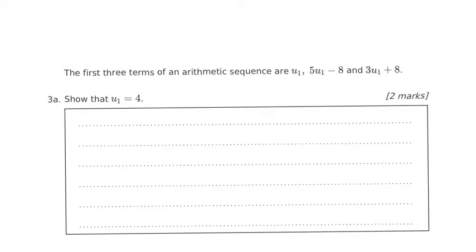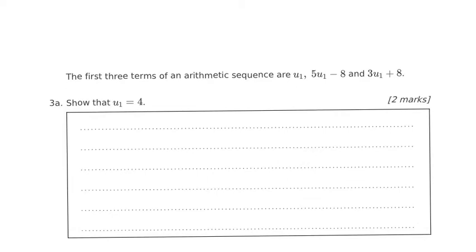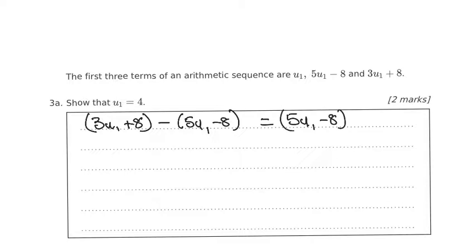3u1 plus 8 minus the previous term, 5u1 minus 8, is equal to 5u1 minus 8 minus u1.